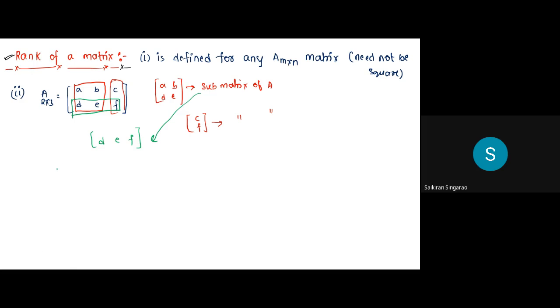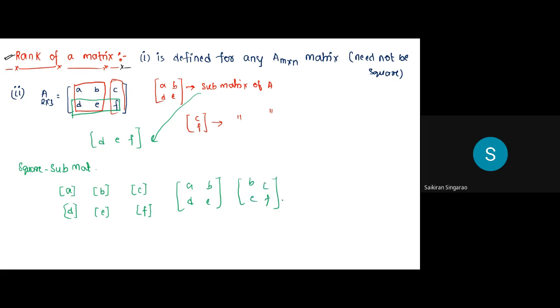So if I say square submatrix, what will come, sir? A will come, B will come, because all 1 cross 1 matrices are submatrices. D, E, F will come, or A, B, D, E will come, B, C, E, F will come, or A, C, D, F will come.